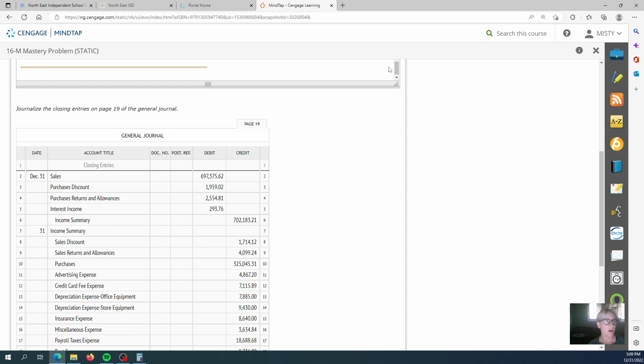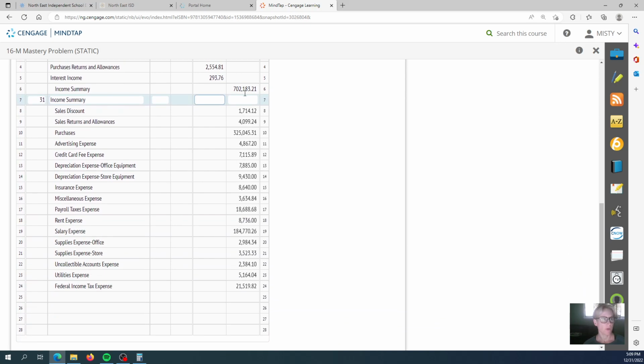So now we need to come up with what to put here, right? Our debit for our income summary. We have everything here, all of our credit balances. So we're going to add all of that up, and that will be our income summary debit.